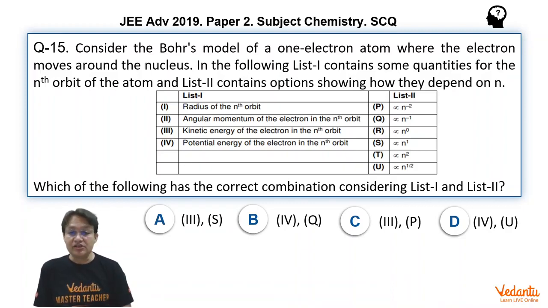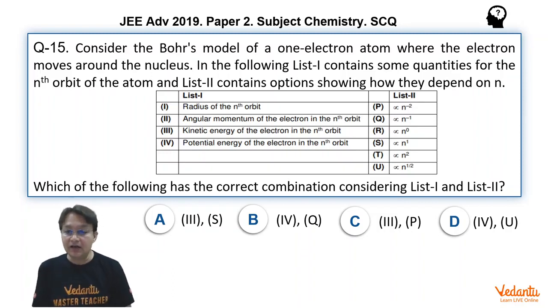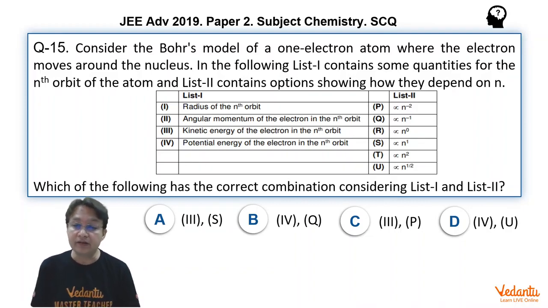And fourth is the potential energy of the electron in the nth orbit. List 2 has been given as proportional to 1 upon n square, proportional to 1 upon n, proportional to n raised to the power 0, n square, and 1 upon under root of n, option U. Now you have to see which of the following combinations considering list 1 and list 2 is correct.